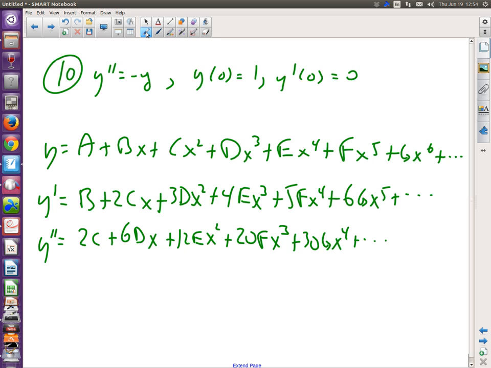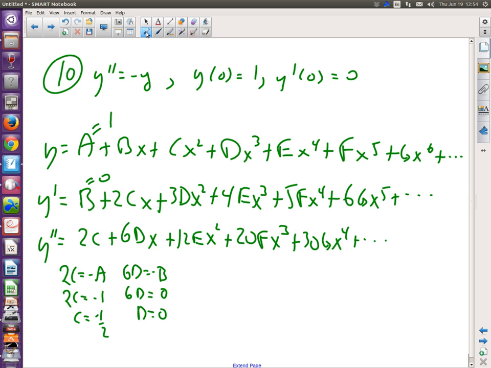Okay, so again, we're equating y double prime with the opposite of y, but the initial condition y of 0 equals 1 gives a is 1, and the initial condition y prime of 0 equals 0 makes b 0. So last time a was 0, b was 1. And so 2c is the opposite of a, so 2c is the opposite of 1, so c is negative 1/2. Okay, good. 6d is the opposite of b, and b is 0, so d is 0. 12e is the opposite of c, but c is negative 1/2, so the opposite of negative 1/2 is 1/2.